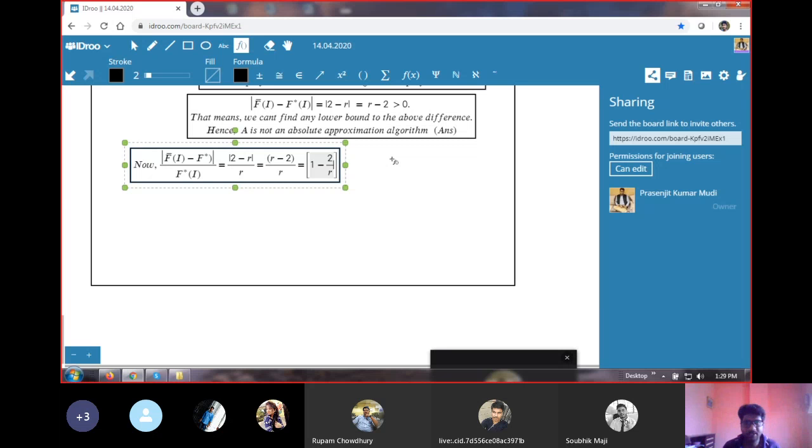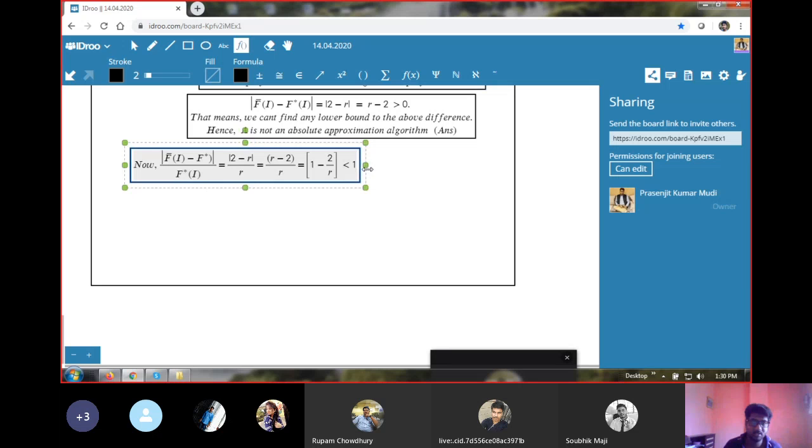Now what can we say about this expression? As r is greater than 2, 2 by r is less than 1, but 2 by r is greater than 0 because r is a positive quantity. So 2 by r lies in the range 0 to 1, and then 1 minus 2 by r will also lie in the range 0 to 1.